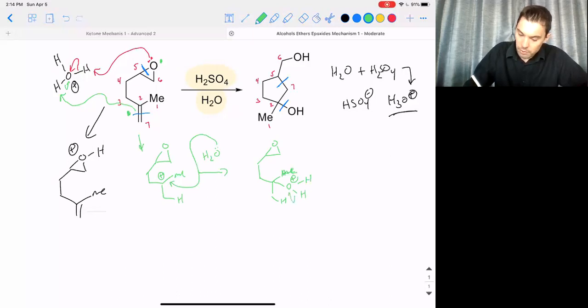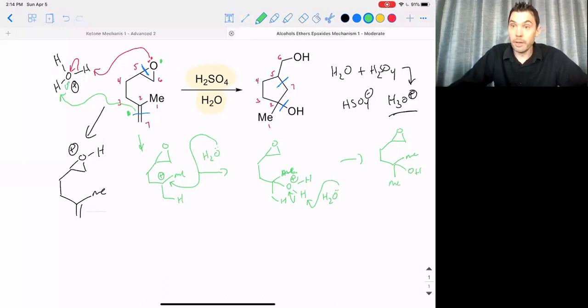And then we could imagine more water deprotonating that protonated product, and then this would generate some more H3O+ that could go on and do more chemistry. And this then would be the hydrated starting material. This is perfectly reasonable as a product, but it's not the product that we're actually asked to draw.